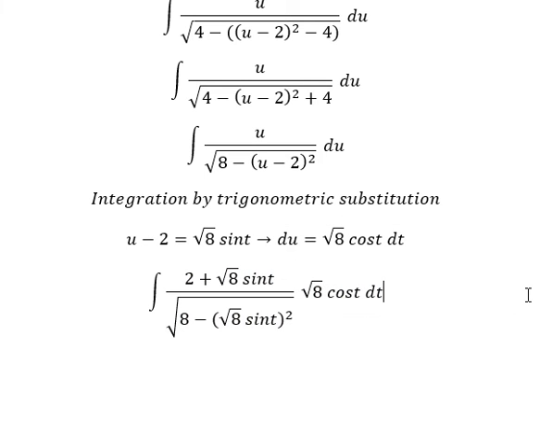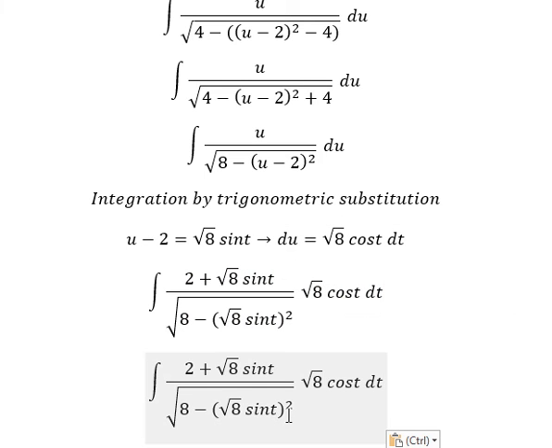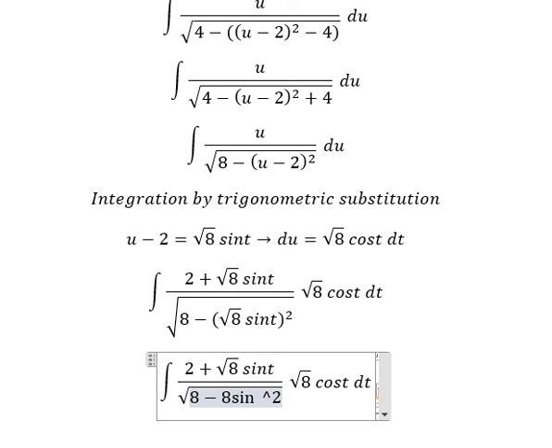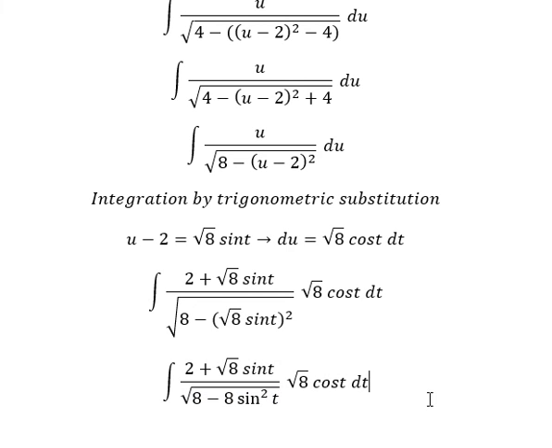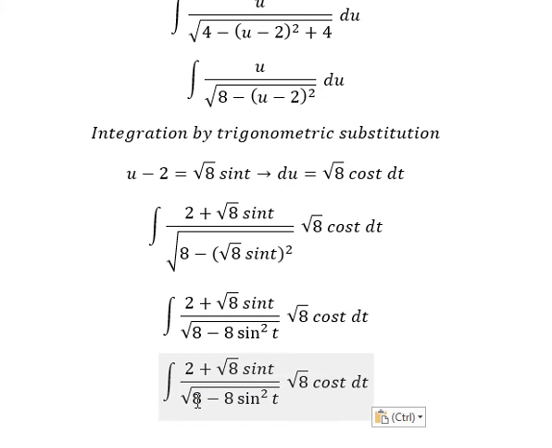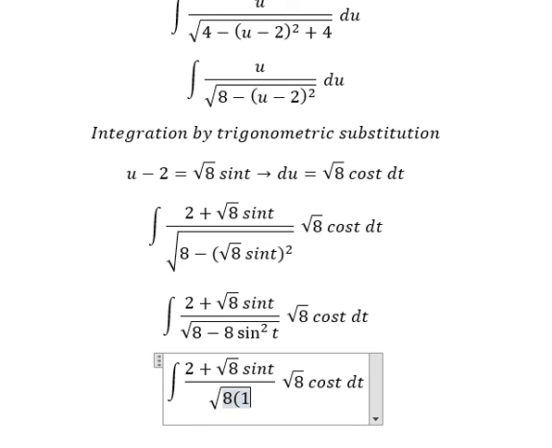And now we need to simplify. This one you get 8 sine t square. Number 8, we can do factorization.